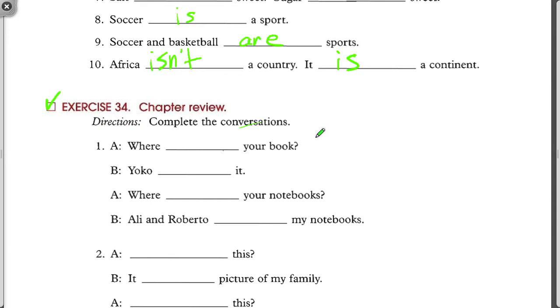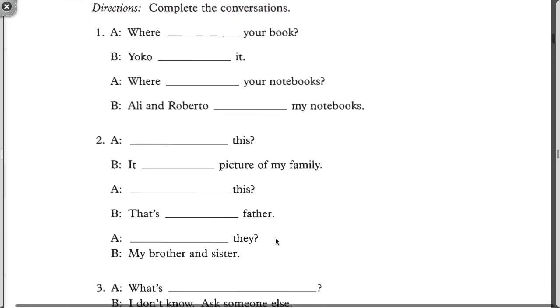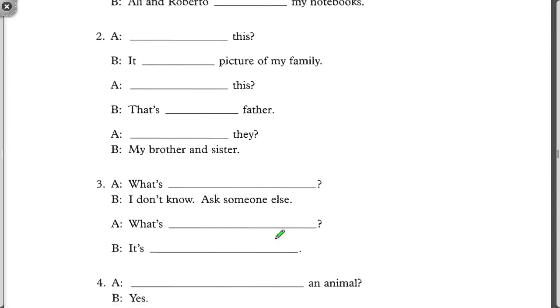Exercise 34, chapter review. This is a conversation. Where's your book? Yoko has it. Where are your notebooks? Ali and Roberto have my notebooks. Number 2. What is this? Because it is a picture.